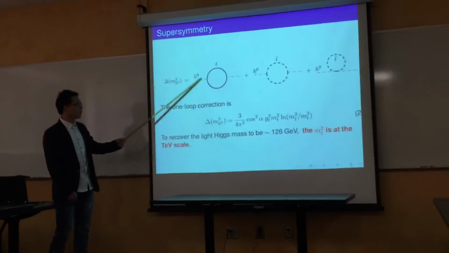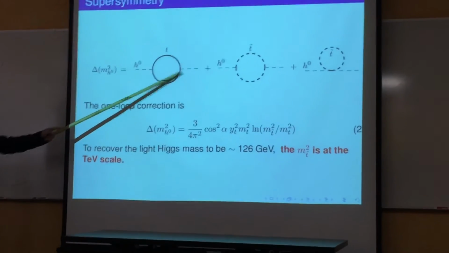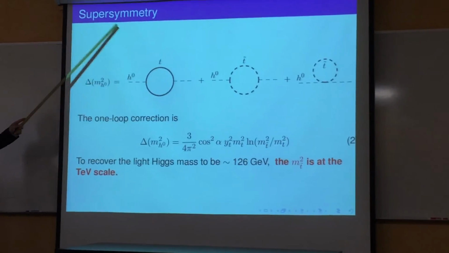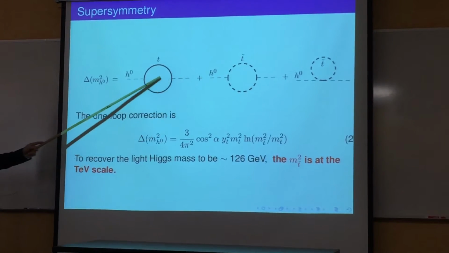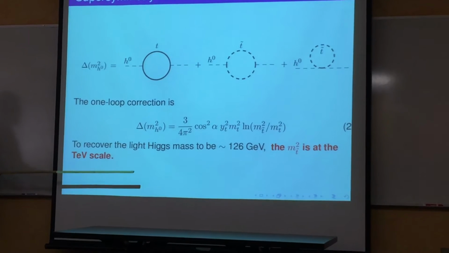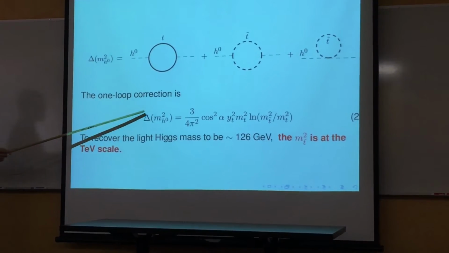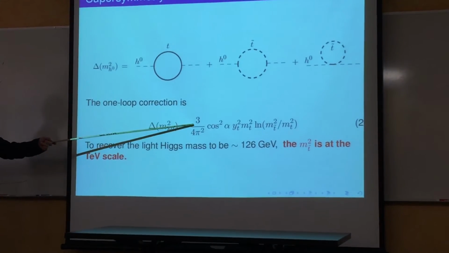You probably saw this a few slides before: in the framework of supersymmetry, we have corrections to the Higgs mass, and you can see the quadratic divergence is cancelled out. So there is no quadratic divergence in this expression.